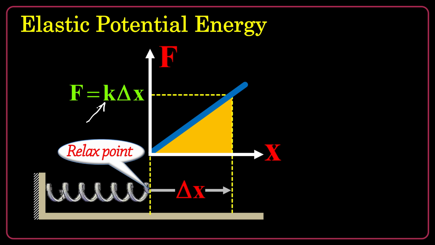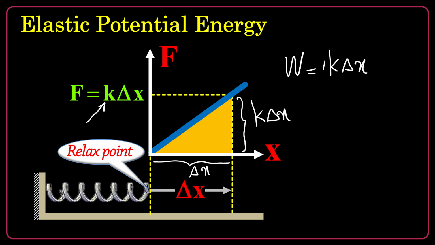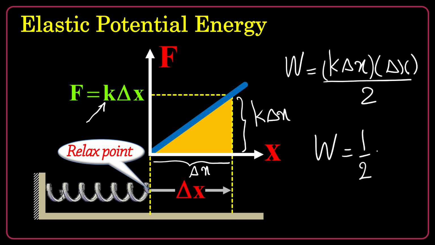The work done here is the area under the Fx graph, and it's very easy to find because the horizontal side of this triangle is the delta x, and the vertical side is K delta x. So the work done here is going to be height K delta x times base delta x divided by 2. So the work done is a half of K times delta x squared.